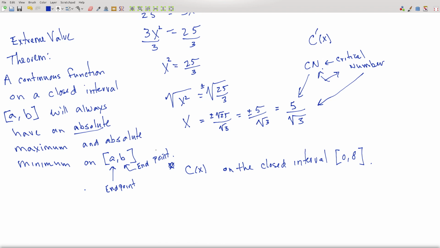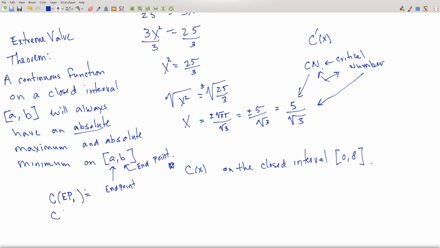And the way the extreme value theorem works is you just have to evaluate your function at the endpoint. So there'll be the first endpoint. There can only be 2 endpoints. And figure out what it is.